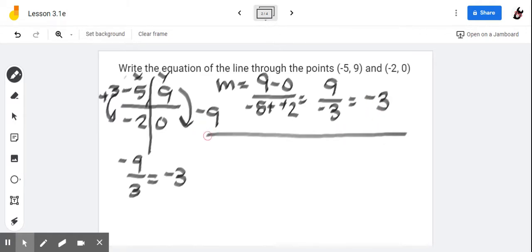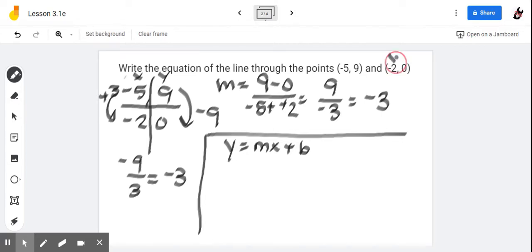All right, then what we have to think about is our formula y equals mx plus b. And we have to choose a point that we want to use. I'm going to choose this one that has a 0 in it because I think it tends to make my life a little easier. We could also use the one that has the -5 in it.